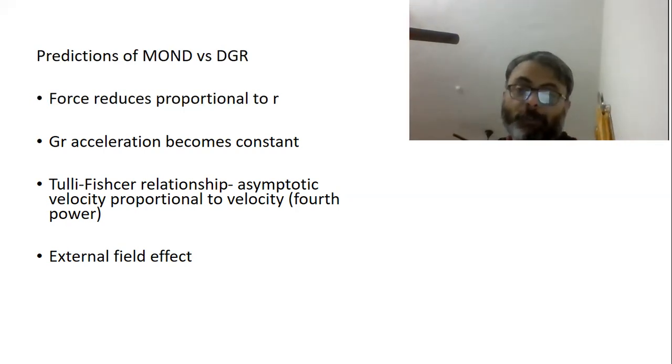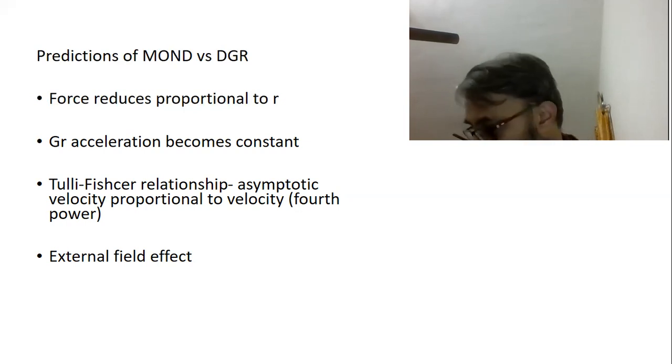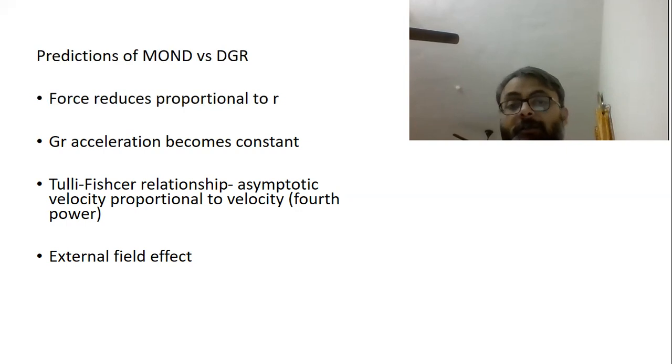That is why the intergalactic bonding is also with the help of MOND rather than Newtonian or Einsteinian type of gravity, which means that here the gravity is much stronger than what is predicted by Newtonian gravity.